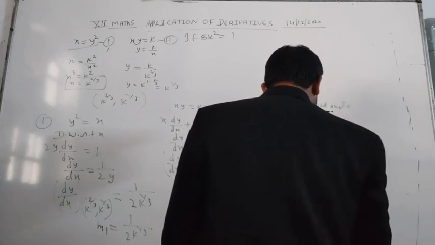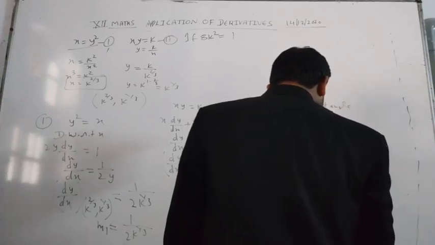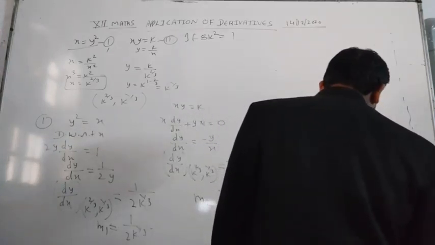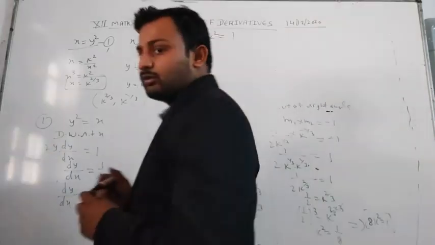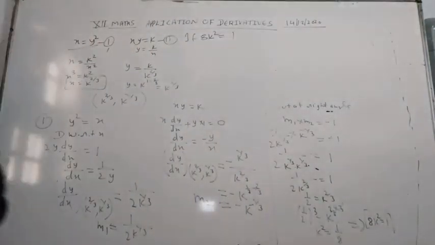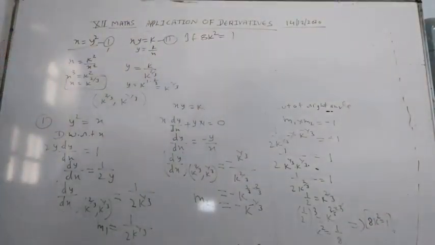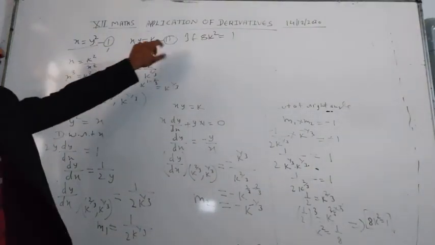And here k square is 1 by 8. So from here we are getting 8k square is equal to 1. Okay, student, so 8k square is equal to 1. Let us look at the whole thing from the initial. First we have the two curves given.